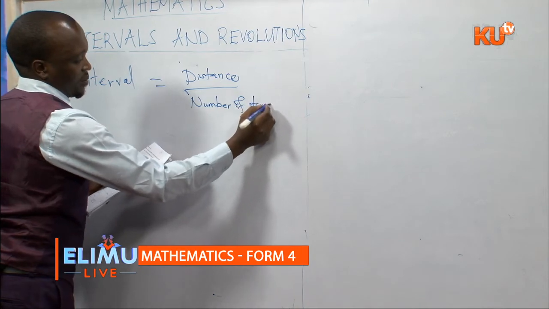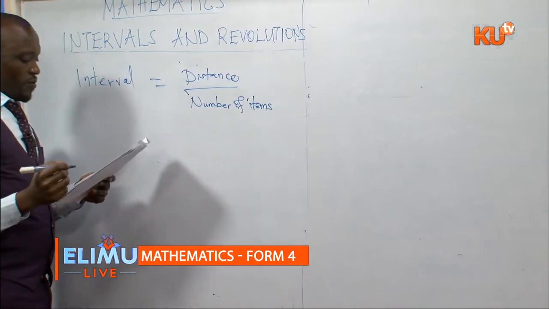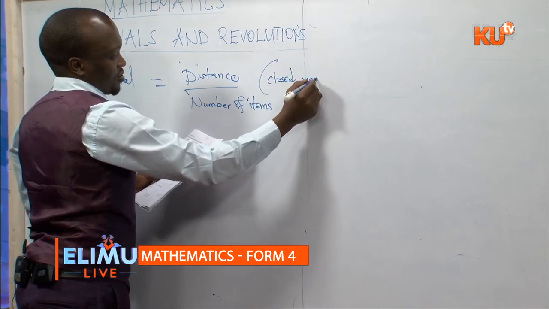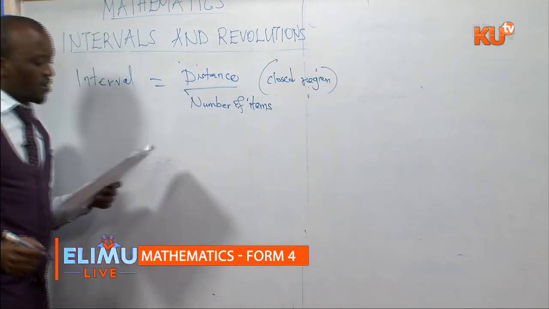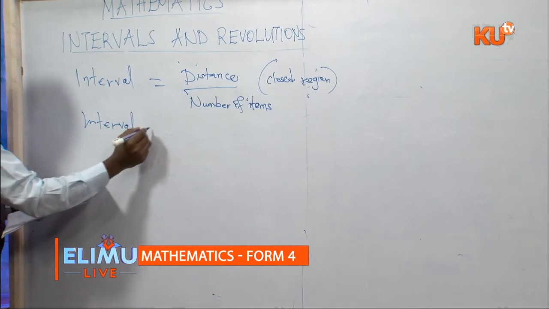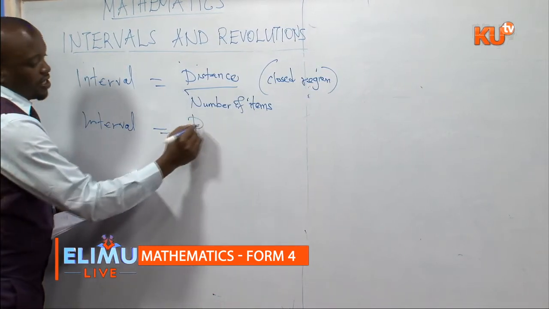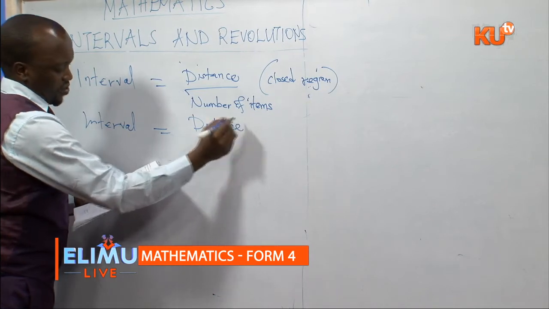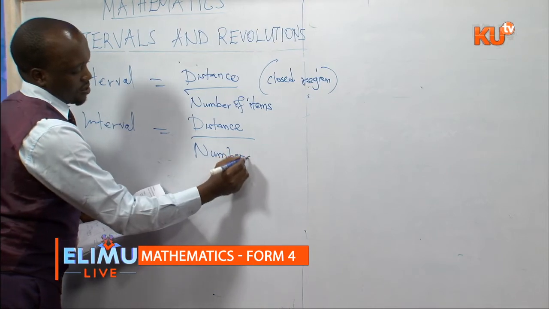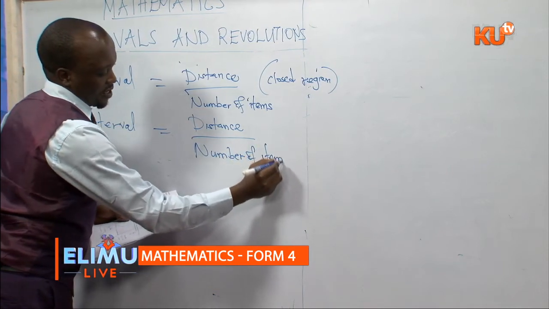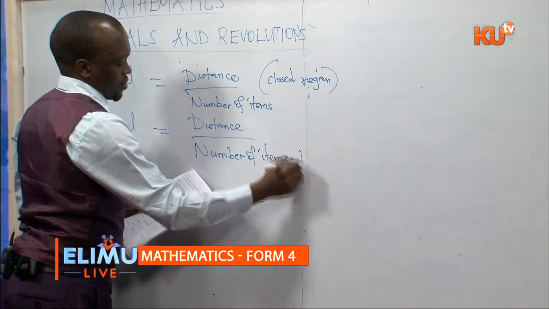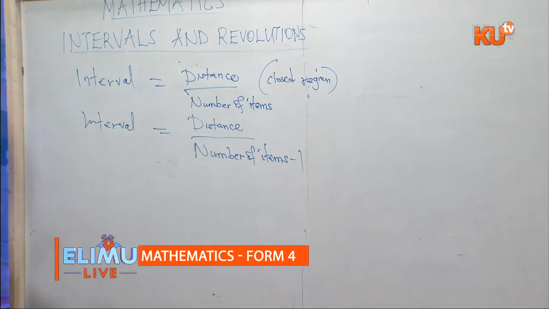This is for a closed region. And to find intervals for an open region, an area that is not closed, we say it is distance over number of items minus 1.